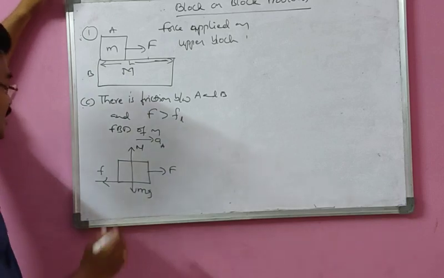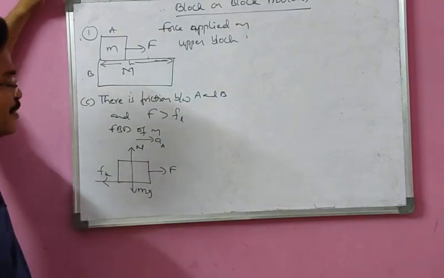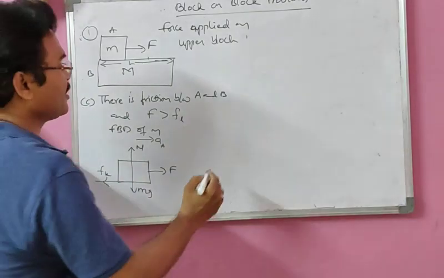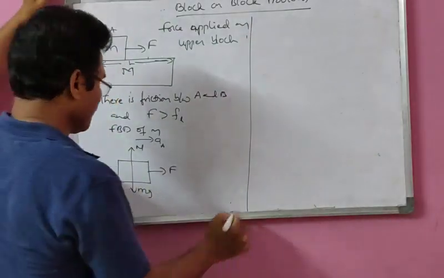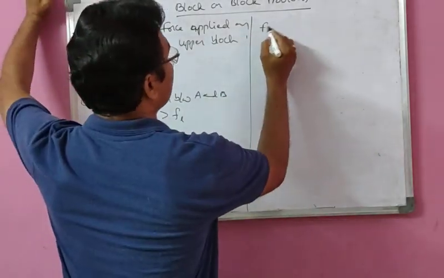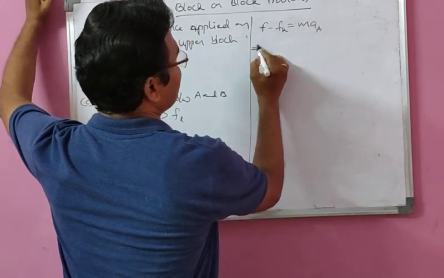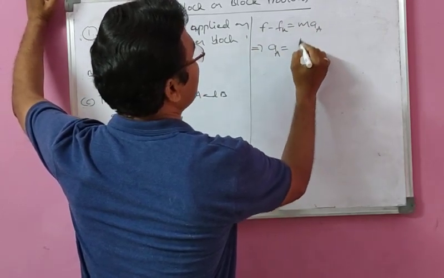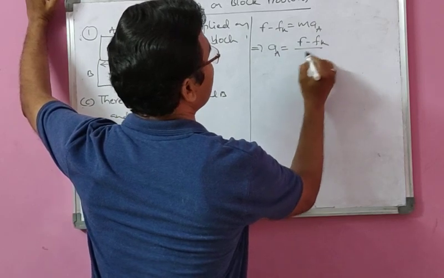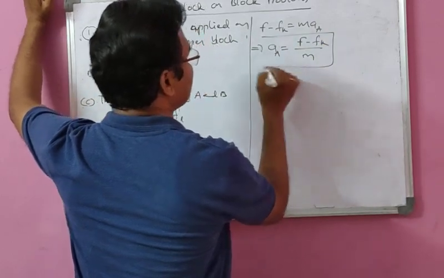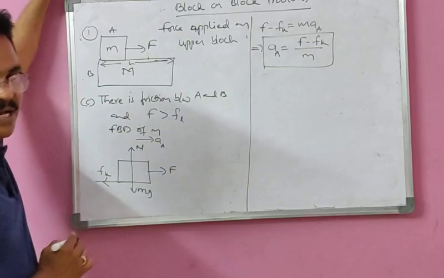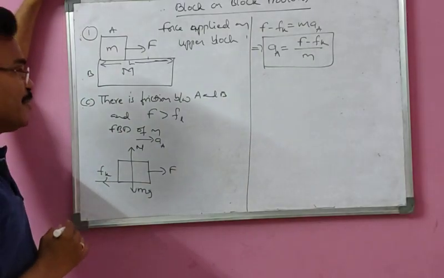Kinetic friction into consideration. So I can write Fk. So what is the equation I can write here? According to Newton's second law, F minus Fk equal to m aA, and aA equal to F minus Fk by m. So this is the acceleration of what here? Upper block. Acceleration of the upper block.